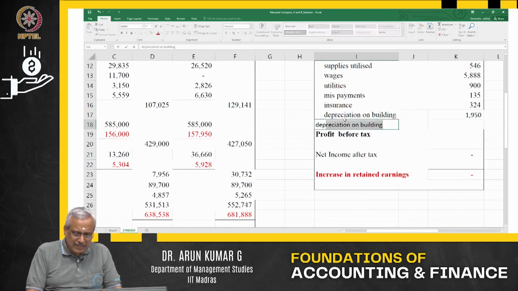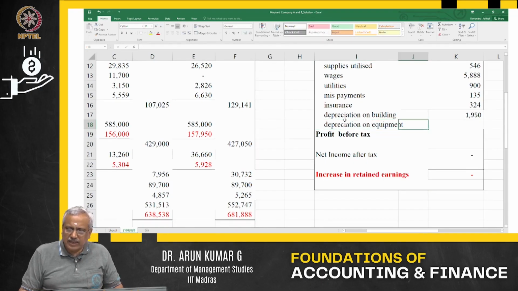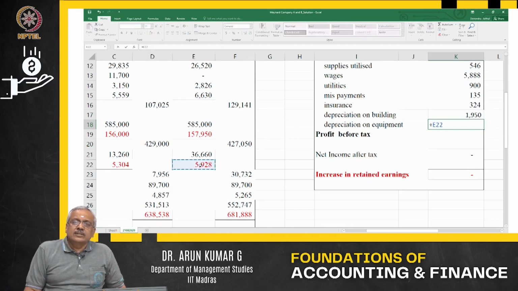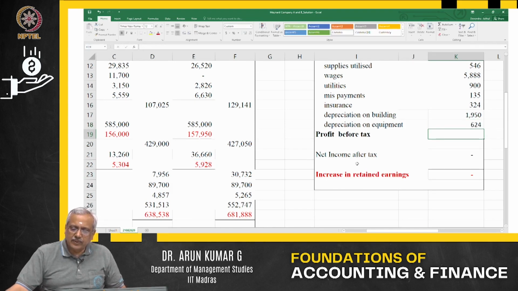Next, depreciation on equipment, the same thing. Depreciation on equipment was 5,928 at the end of the month, and the beginning of the month was 5,304. I'm just going to move it by one more notch.